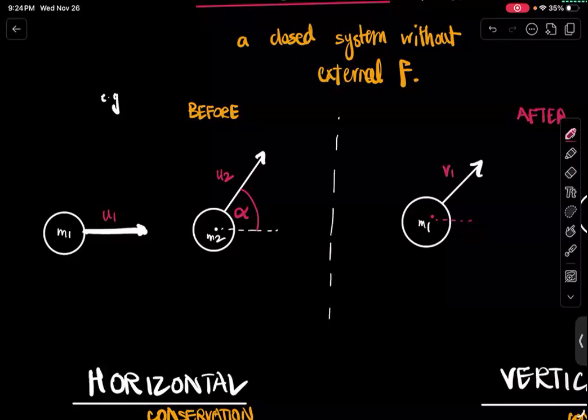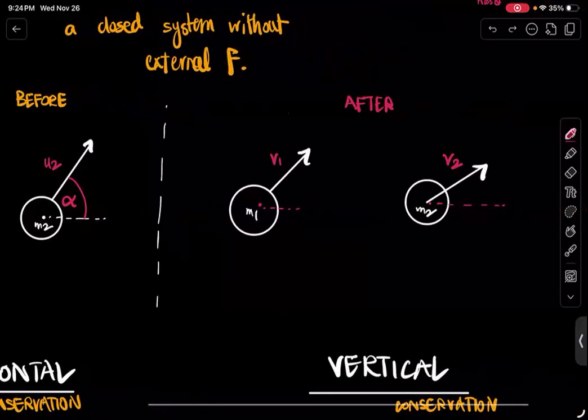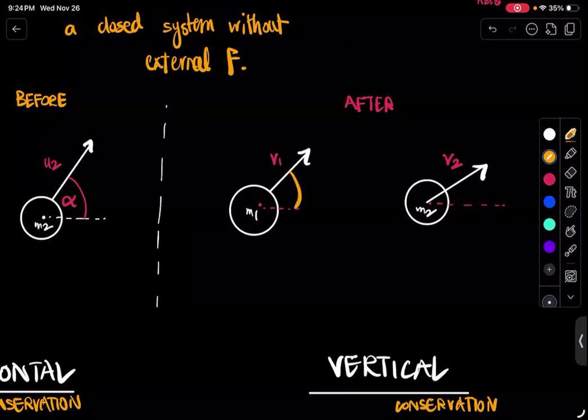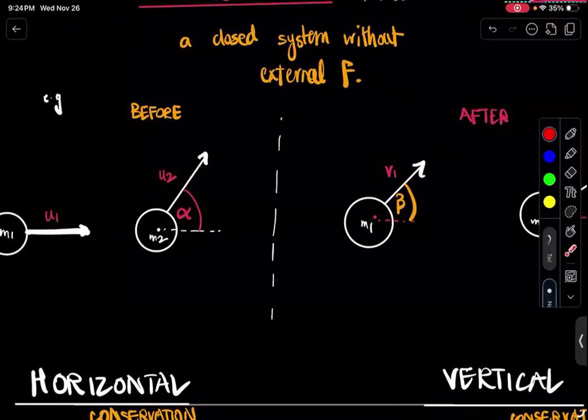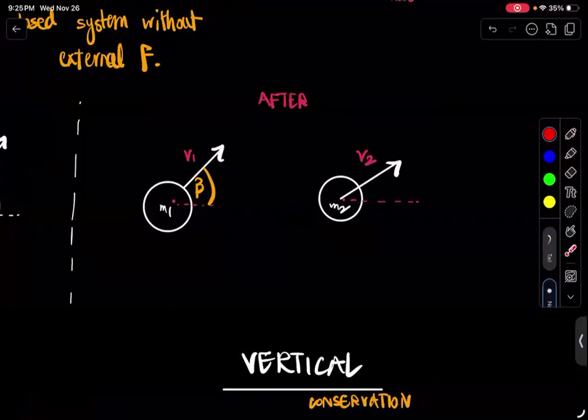Okay, then they collide, and then m1 moves at a certain velocity v1 with an angle of beta. So when they hit each other, m1 moves away with a velocity v1 at an angle. And then m2 also moves with a certain velocity v2 at an angle of gamma.